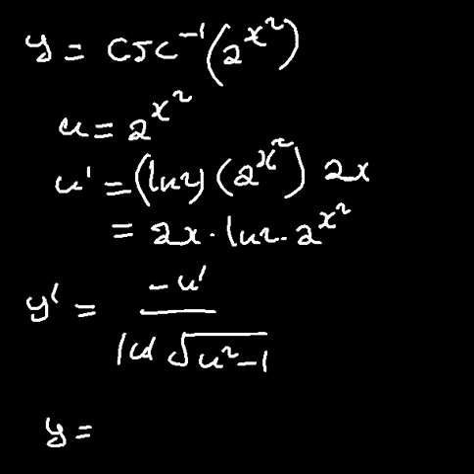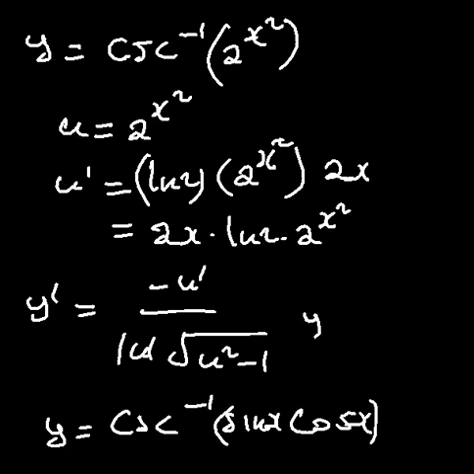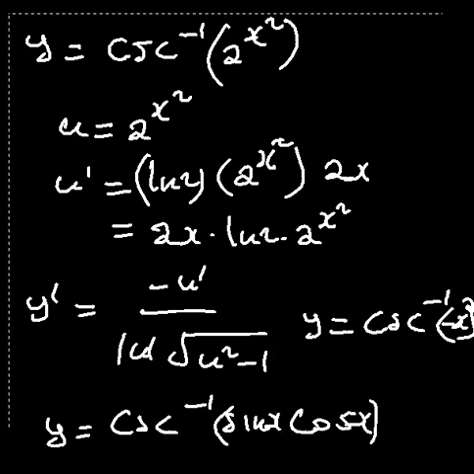Let's say if we have cosec inverse of sin x cos x. What do you say about this? And also y is equal to cosec inverse of negative x squared. So what would be that? Try that and see how you can make it up.